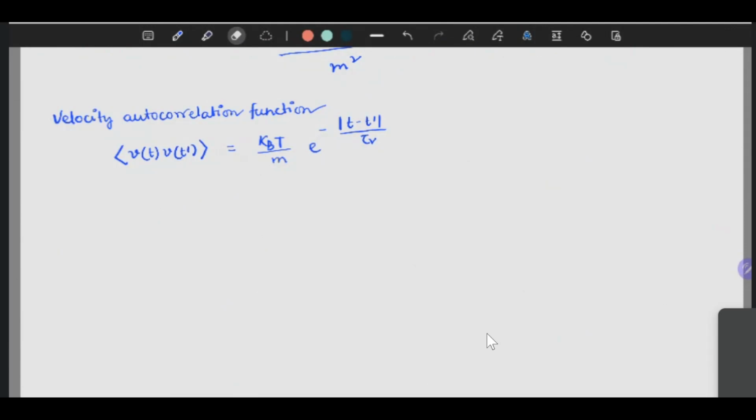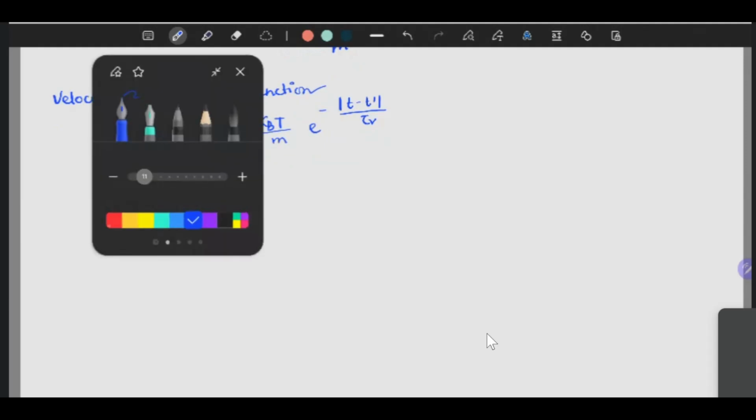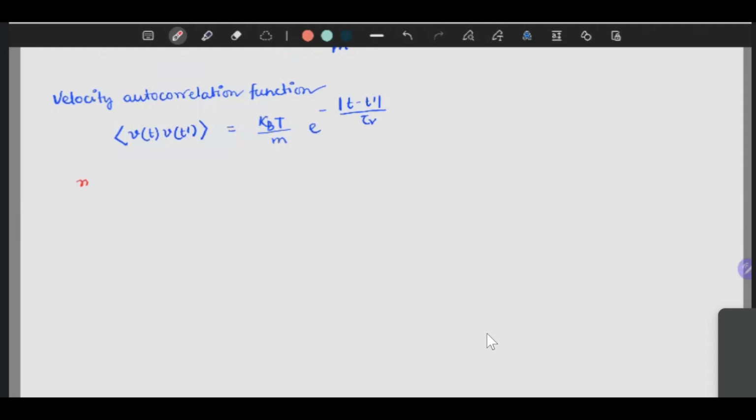So the Langevin equation was m dv/dt is equal to minus gamma v plus f_r(t), right?